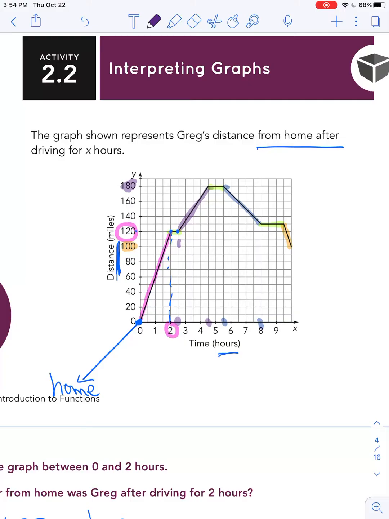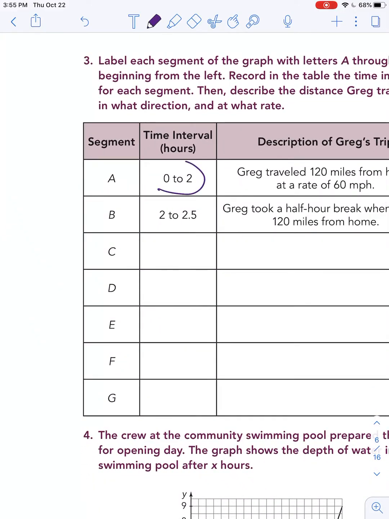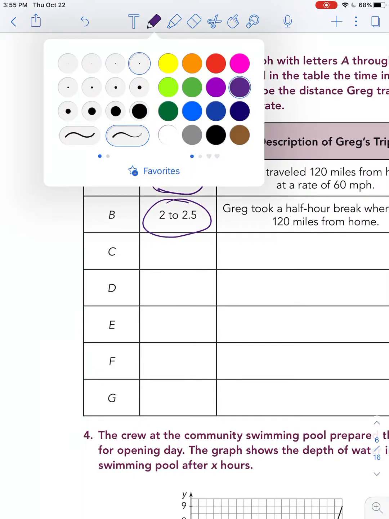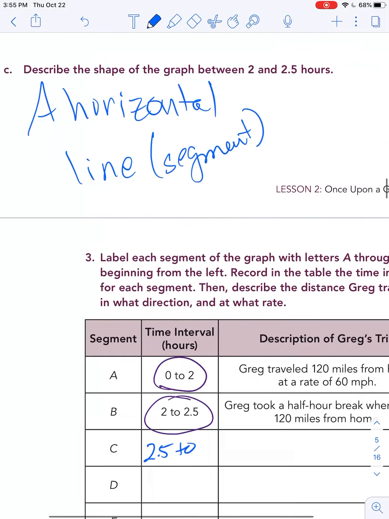Maybe I'll use purple. So this is A, this little part was B, C, D, E, F, and G. How do I know that? Because look right here. It says A is from 0 to 2, B is from 2 to 2.5.